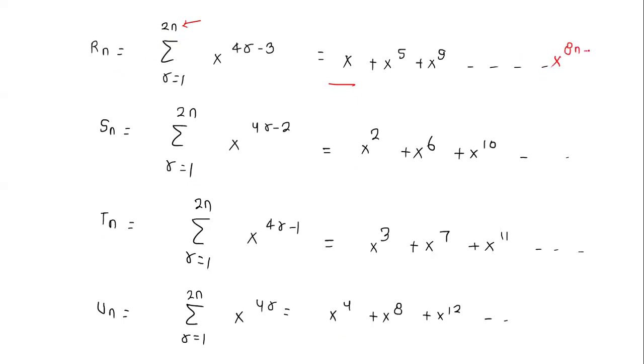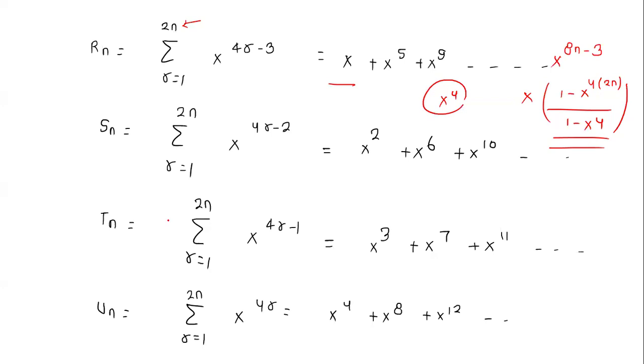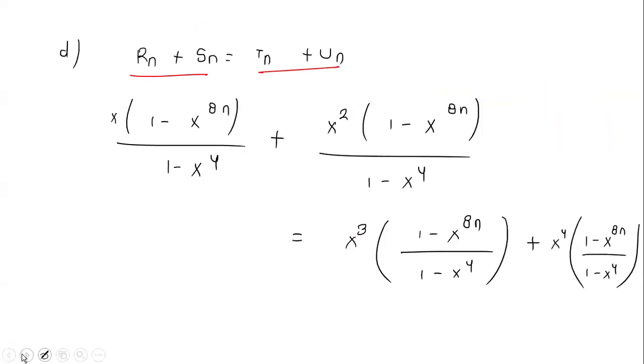So it will come like 8n minus 3. Now this is a GP whose common ratio is x power 4. So you can say that this is 1 minus x power 4, and there are 2n terms, divided by 1 minus x power 4. So this is the R of n. Like x multiplied by 1 minus x power 8 and divided by 1 minus x power 4.